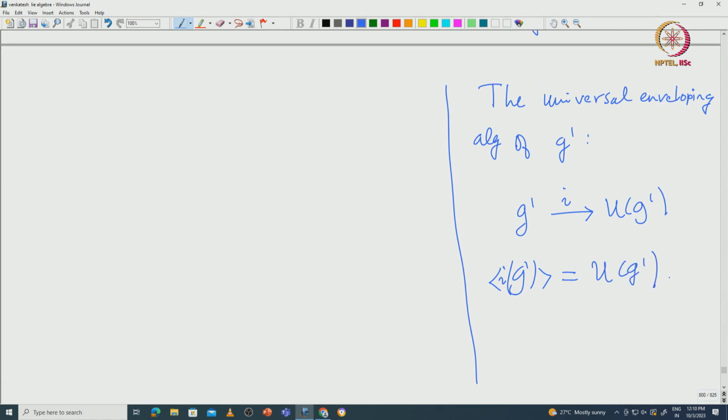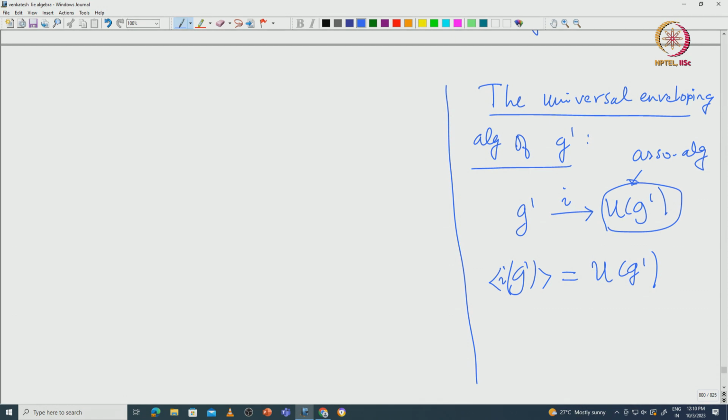Later I will tell you how to construct it, but for the time being take it as a black box. There is an associative algebra called Ug dash, and a linear map iota from g dash to Ug dash, which is also a Lie algebra homomorphism if you treat Ug dash as a Lie algebra using the associative structure.